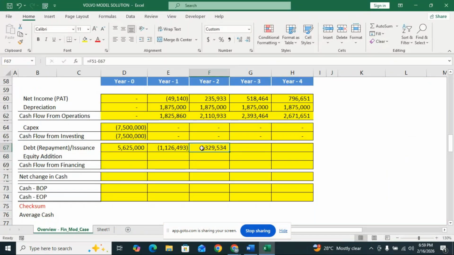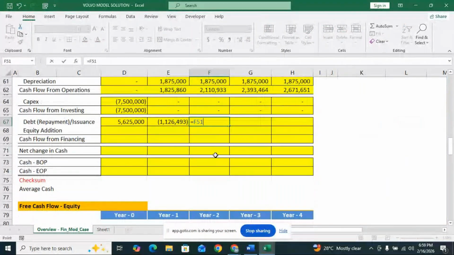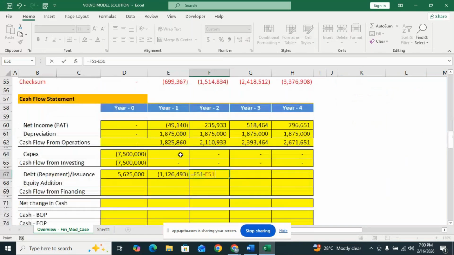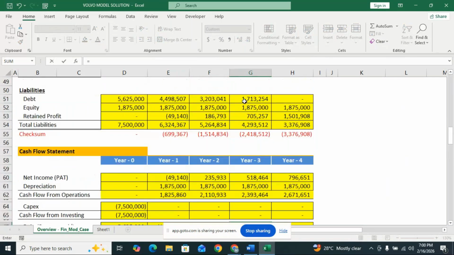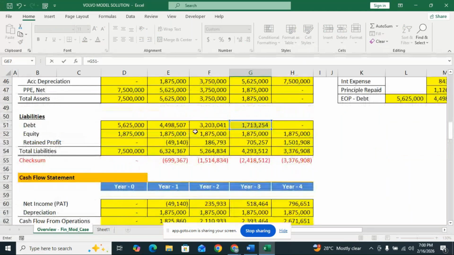Equals to year 2's debt minus this. Again equals to, for year 3, the current value of debt minus your previous year, that is this.